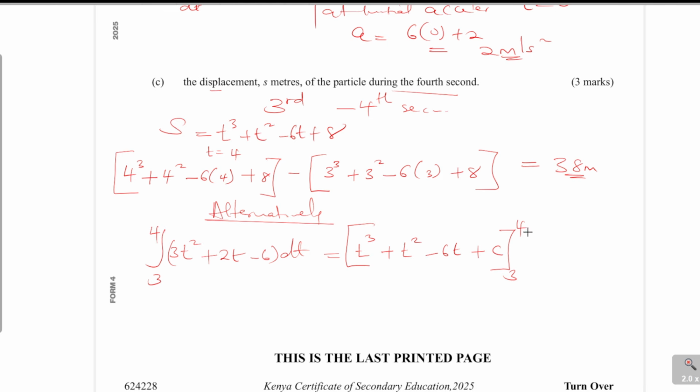When you substitute 4, you get 4 cubed plus 4 squared minus 6 times 4. You can drop c, since when you subtract it, you'll get 0. Then substitute 3: 3 cubed plus 3 squared minus 6 times 3. You notice that this will still give you the same thing. You still get 38 meters. So that is how you're supposed to solve that question.